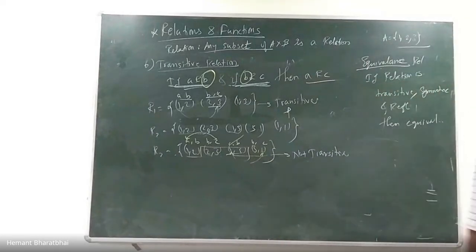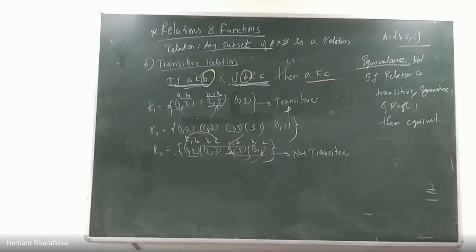So all at a time, if a relation is symmetric also, transitive also, and reflexive also, then such a relation will be called an equivalence relation.